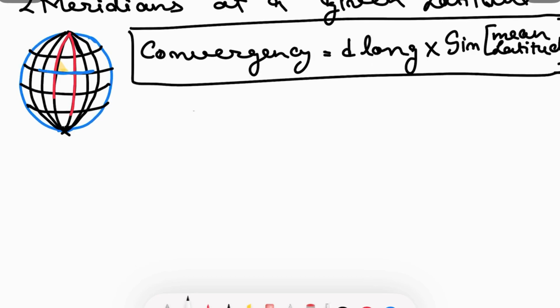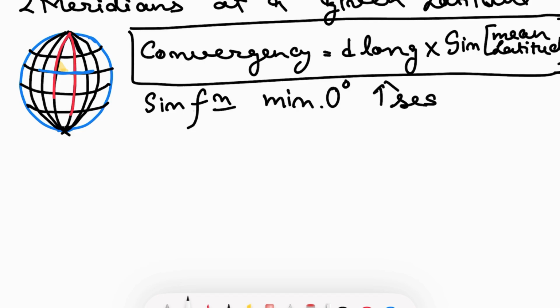After that, we see that in the formula we have the sine function, right? The sine function is minimum at 0 degree and it increases to 90 degree.